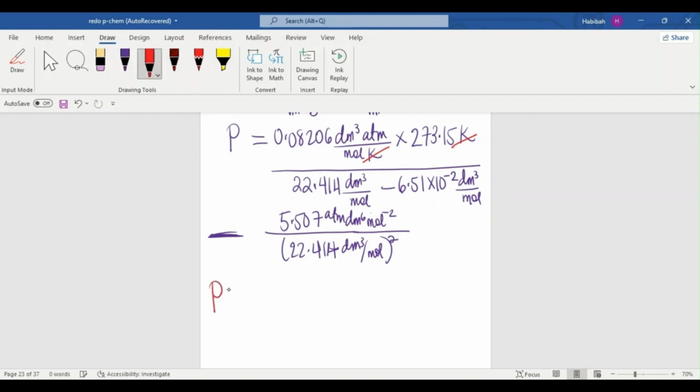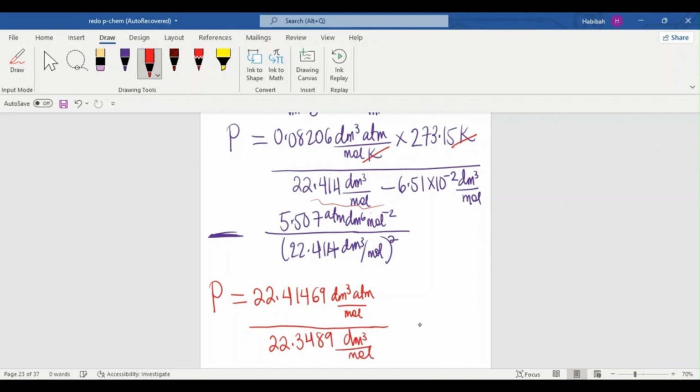So I'm going to say pressure equals the numerator 0.08206 times 273.15 would give us 22.41469 dm cubed atmosphere per mole, divided by 22.414 dm cubed minus 6.51 times 10 to the power of negative 2, which is simply 22.3489 dm cubed per mole.